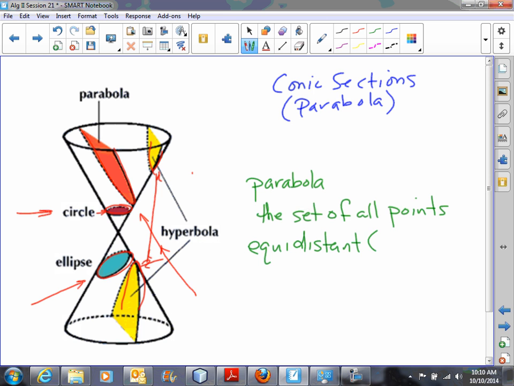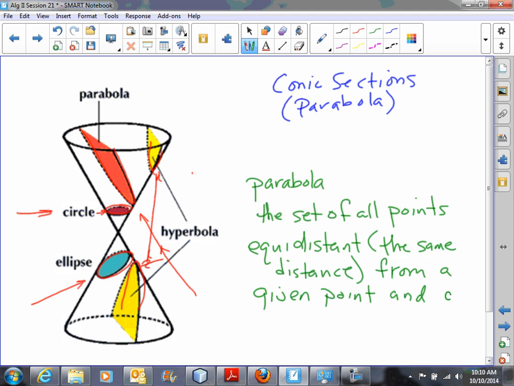That's just a big word. That means the same distance from a given point and a given line.